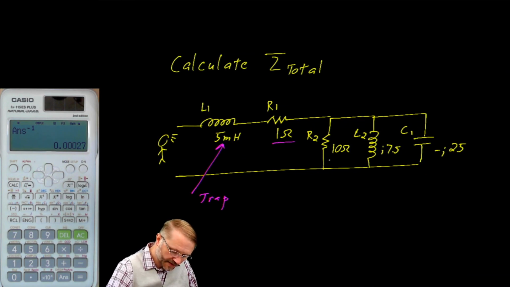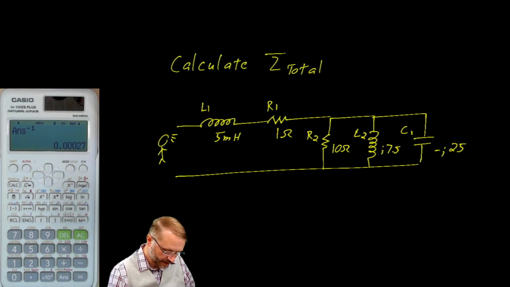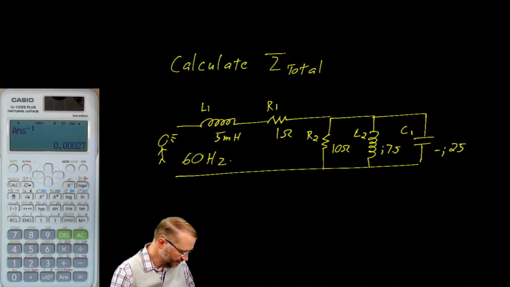You'll notice that everything has units of resistance except this L1. What you need to do is convert that into reactance. We need to know the frequency of the circuit. We'll let it be 60 hertz.